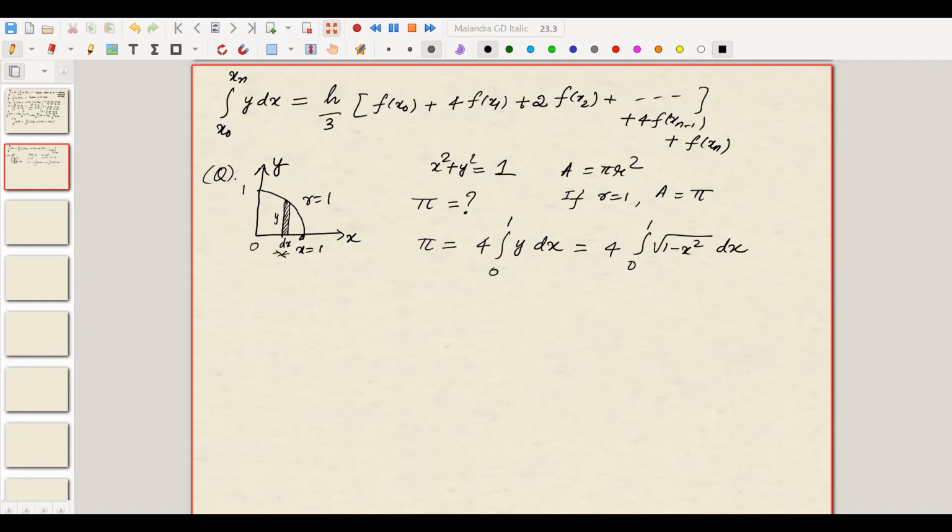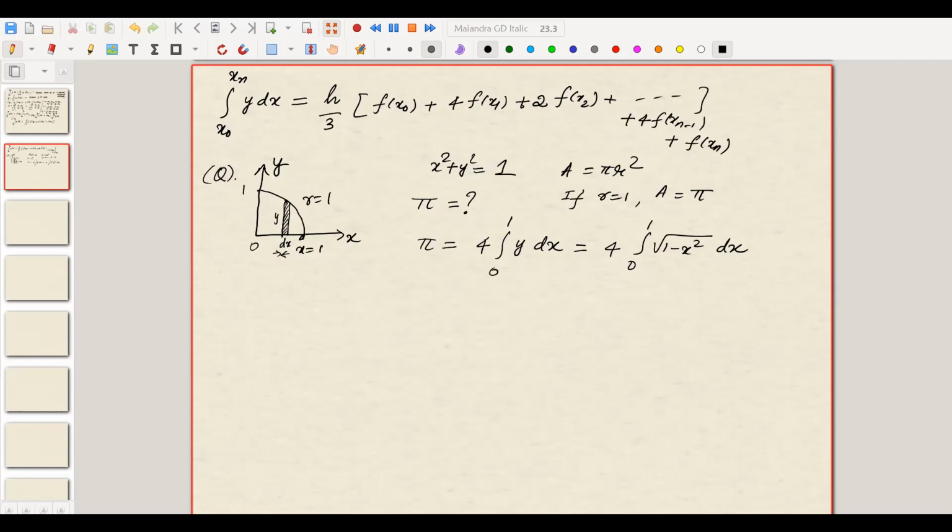Then accordingly you can derive this condition. If the indices are even, that means i mod 2 is 0, then you multiply 2 times f of x. If it is not the case, then you multiply 4 times f of x. You have seen the coefficient 4 in Simpson's, right?